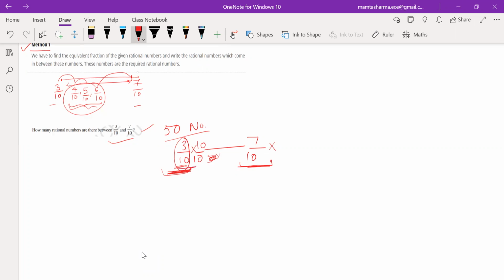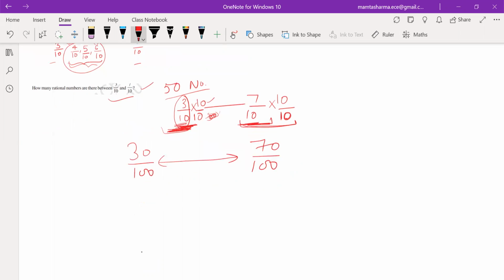To make the denominator equal. If I multiply 10 by 10, the denominator becomes 100, and then here also 100, so the denominators are equal. So it will become 30 by 100 and 70 by 100. Then what will be the rational numbers between these two?